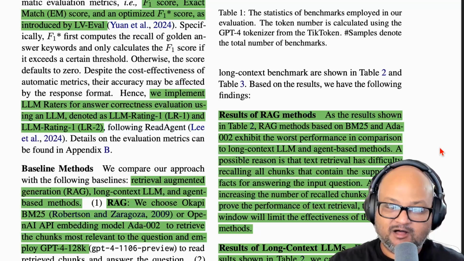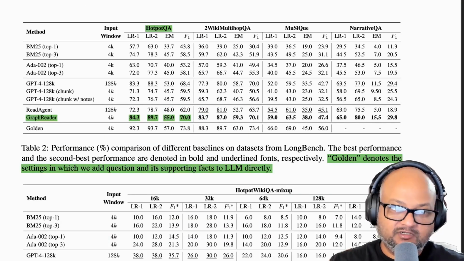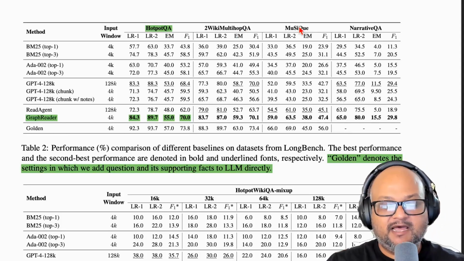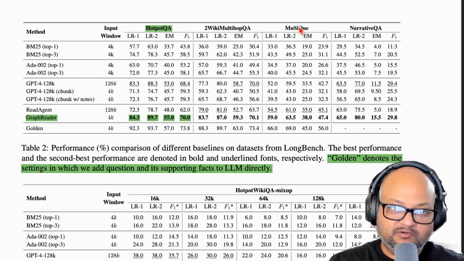Now, as is common in most LLM papers by now, instead of using human evaluations, they use LLM raters to evaluate the correctness and quality of the answers. This table summarizes the results that they're seeing. They use benchmarks like HotpotQA, MultiHop QA, and so on that have complex questions over a base corpus.